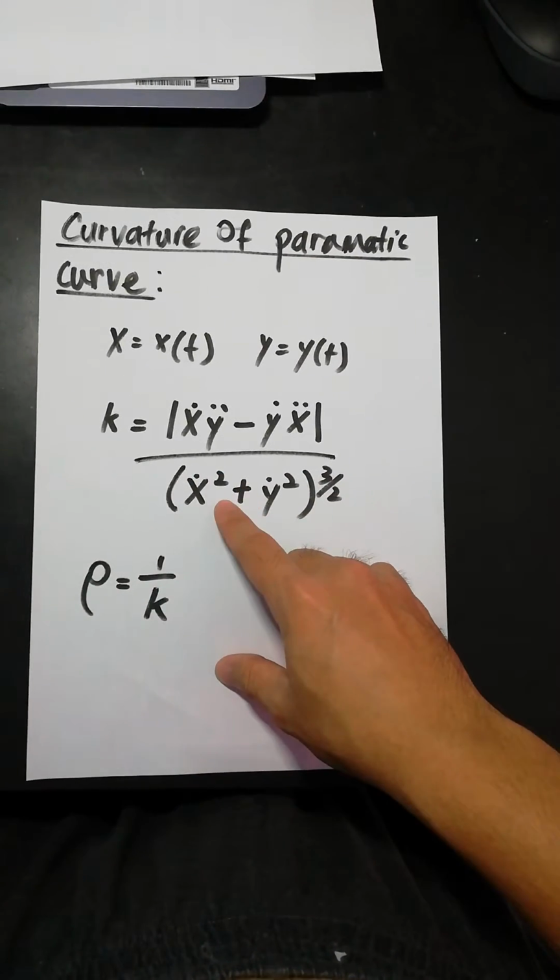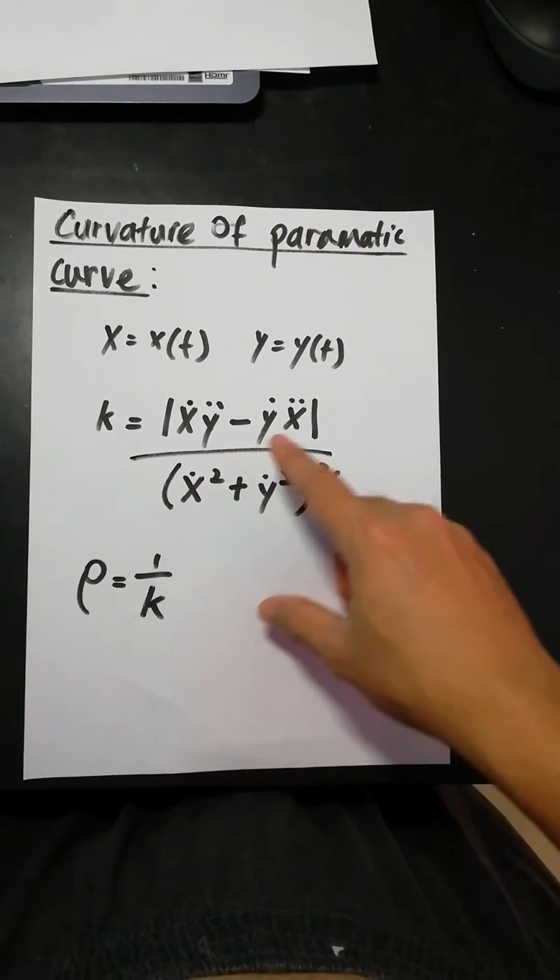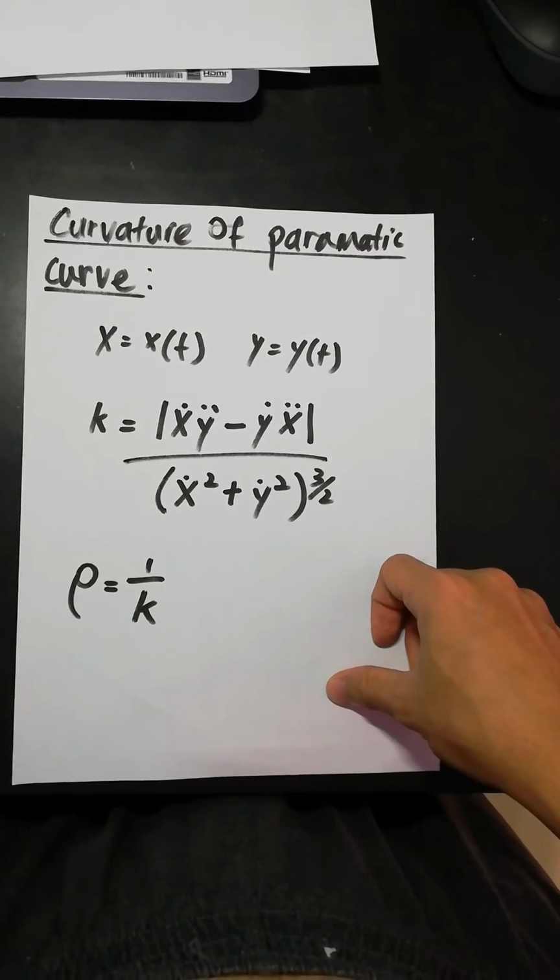So this is the formula to find the curvature for the parametric curve.